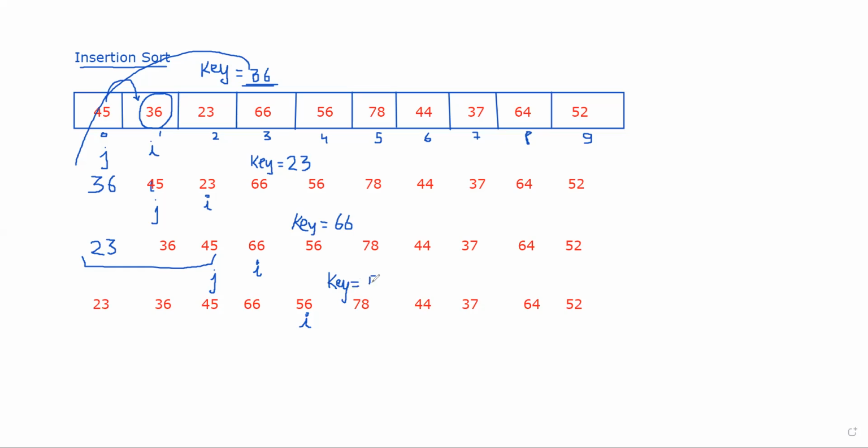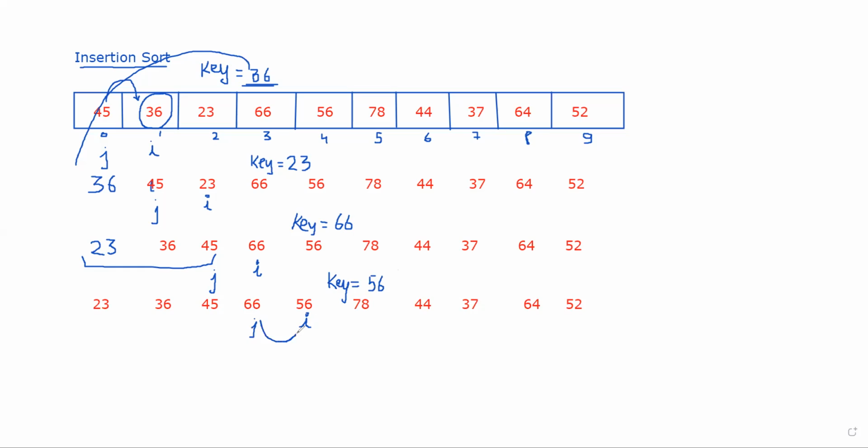And where will be j? 66. And how many times do I have to shift j this time? One time. Because only one time you will see that this value is greater.